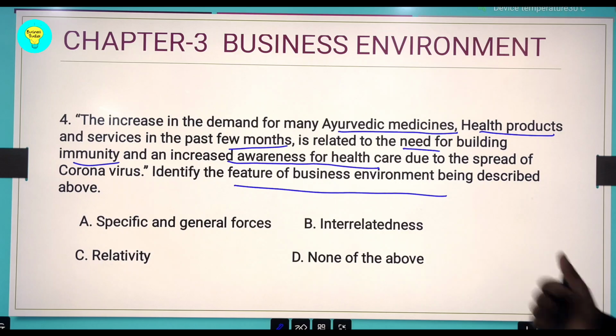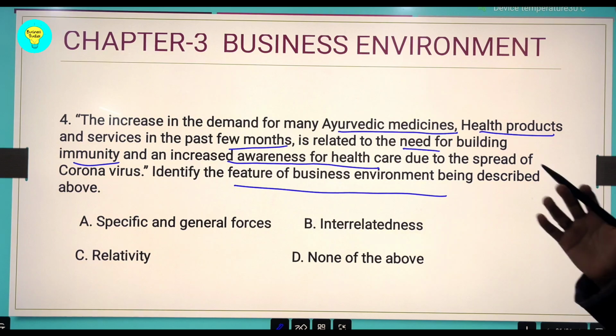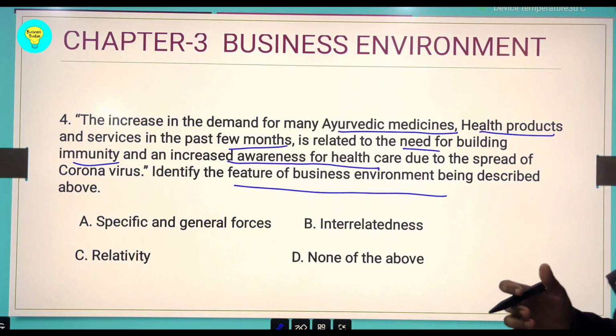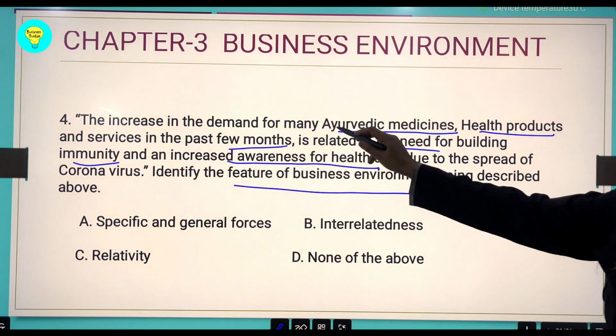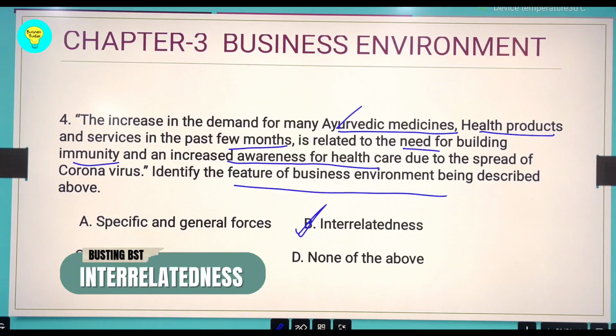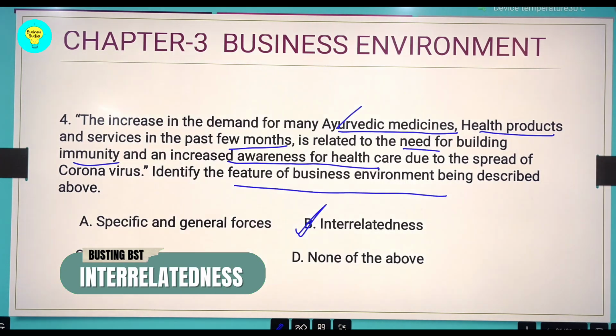So during COVID times, this question would have come up. So you see, it's talking about interrelatedness, how one factor, the concern, the awareness of people towards their health, is actually leading to higher demands for Ayurvedic medicines. So it is nothing but the feature of business environment called interrelatedness that has been talked about.